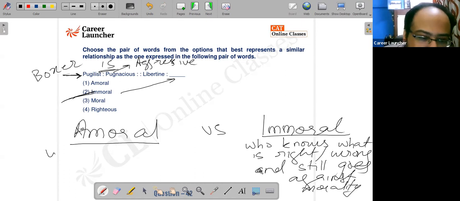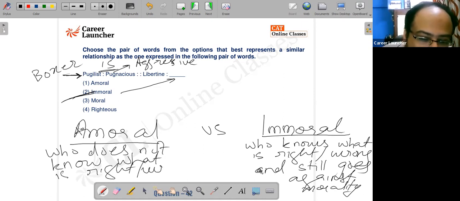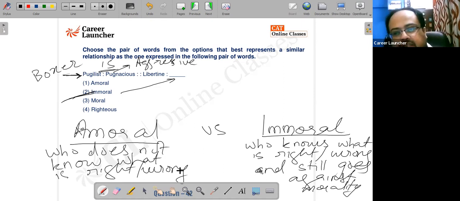Amoral is a person who does not know what is right or wrong. And these are two different words. Please make a note of this.